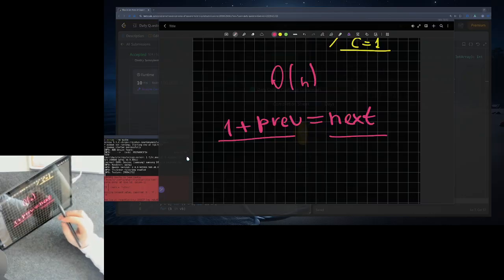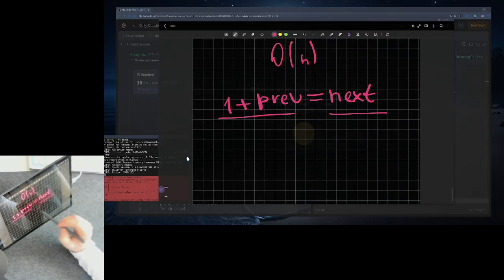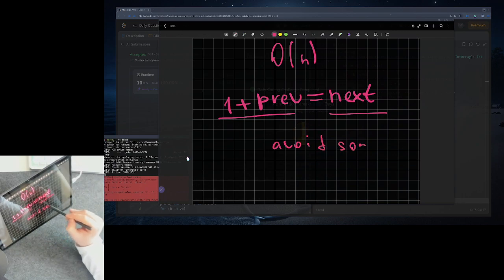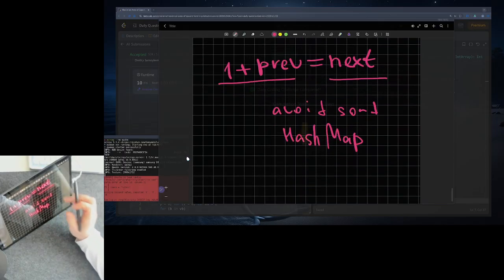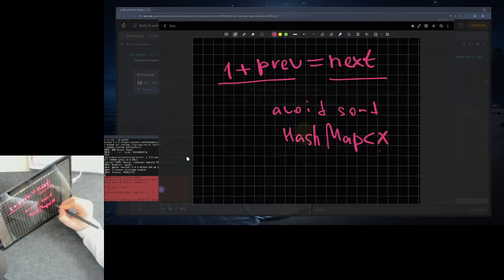That means we can avoid sorting by using a HashMap with the values. And this HashMap would keep the original coordinate and the width of the interval.